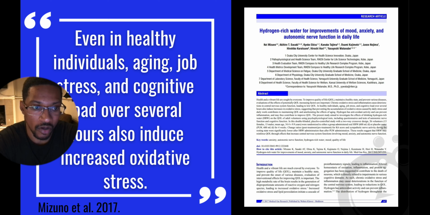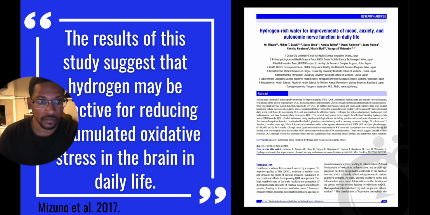Even in healthy individuals, aging, job stress, and cognitive load over several hours also induce increased oxidative stress. The results of this study suggest that hydrogen may be effective for reducing accumulative oxidative stress in the brain in daily life.